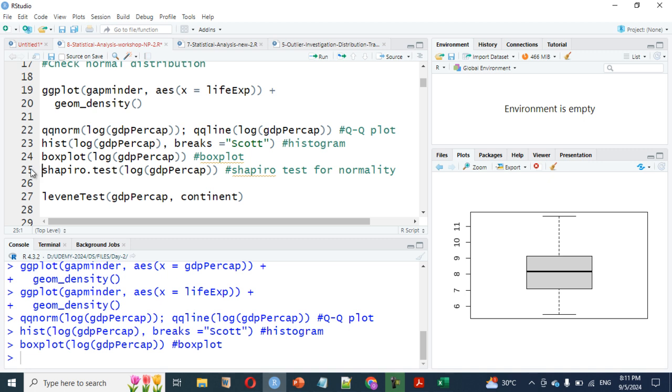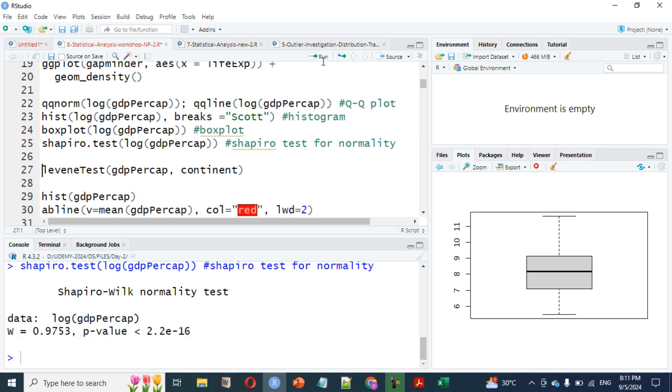So we need to also check by using the Shapiro test to test for normal distribution. As usual, I've just supplied the Shapiro test. You can see it's significant, which shows that it is not normal. It does not follow a normal distribution.